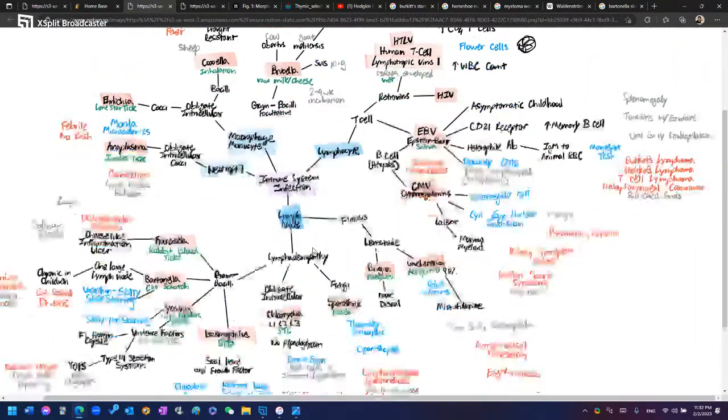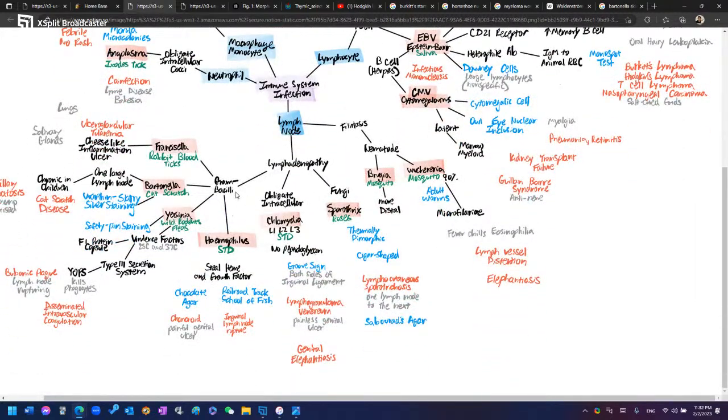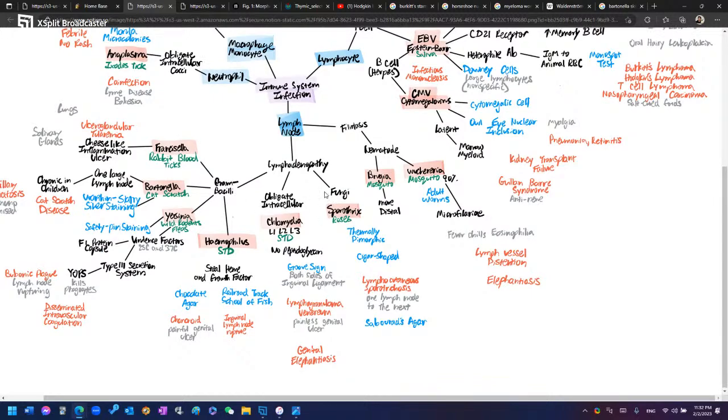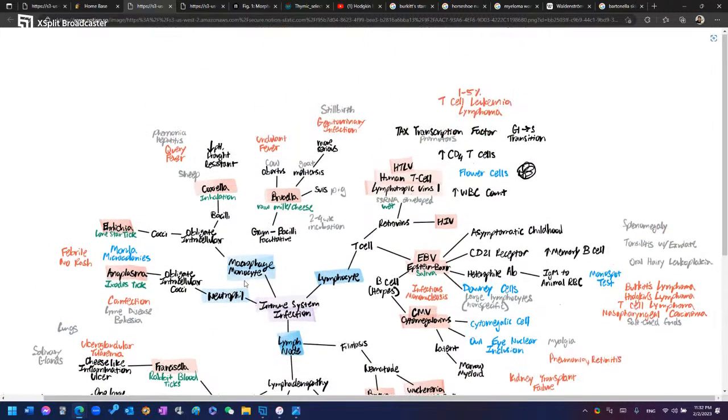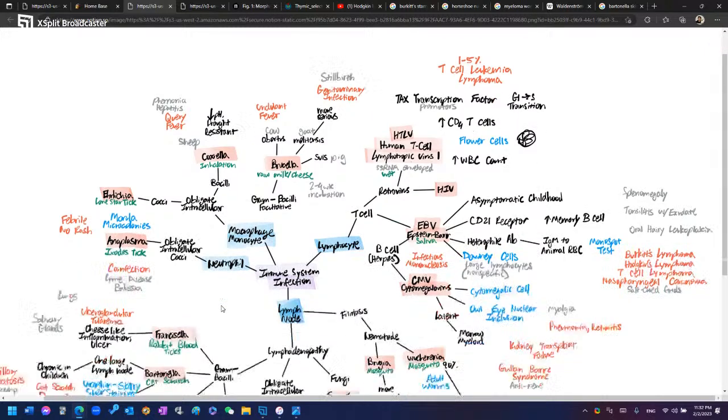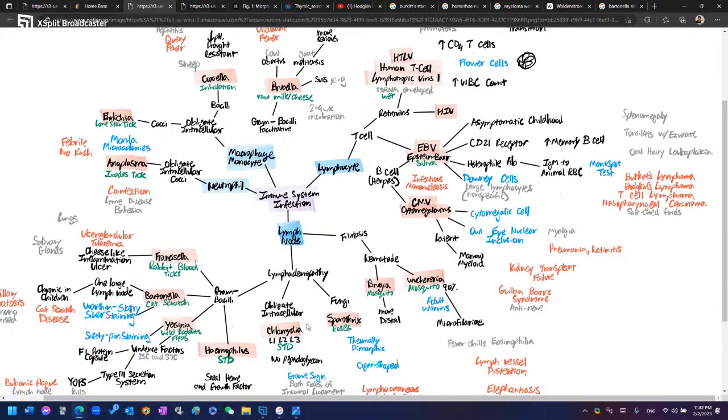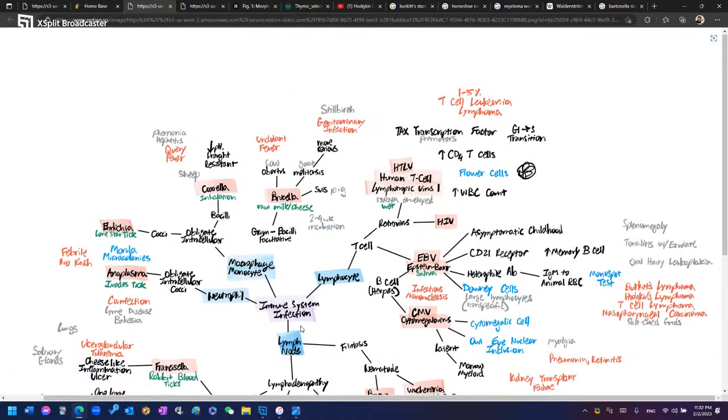Lymph node infection appears to be caused by a variety of cells, but what's the best way to approach this? Let's talk about the ones that do myelocytes first. These tend to be obligate intracellular guys, all of these I think can live inside of a cell for some time. Only a few of these have to be inside of a cell.